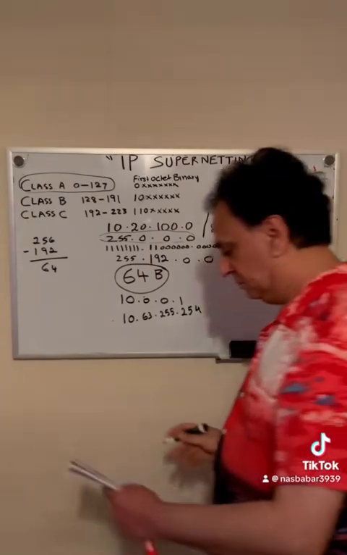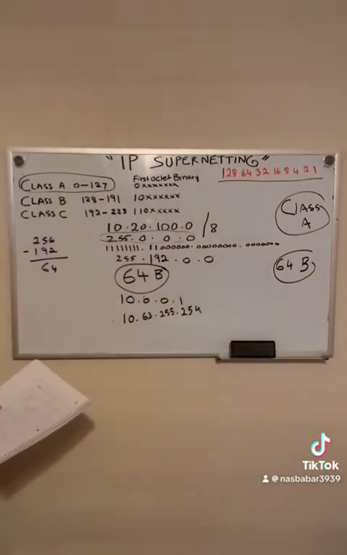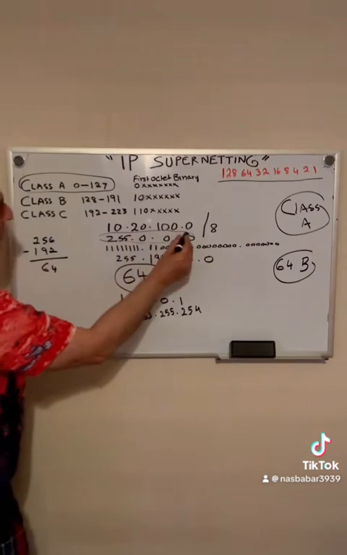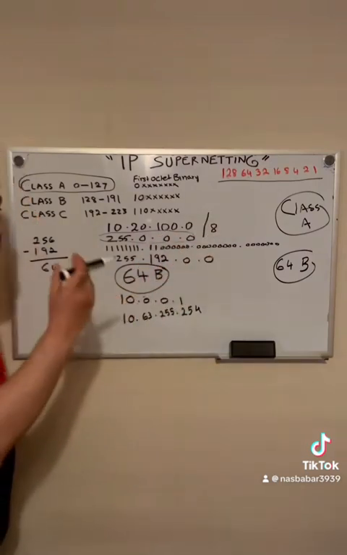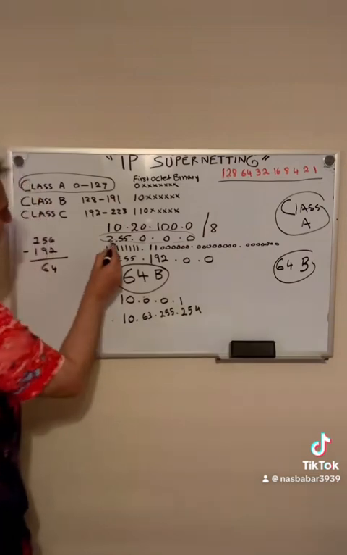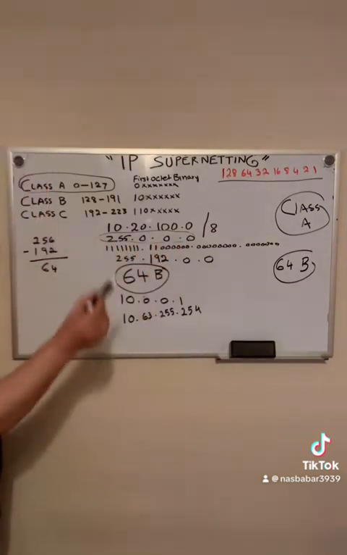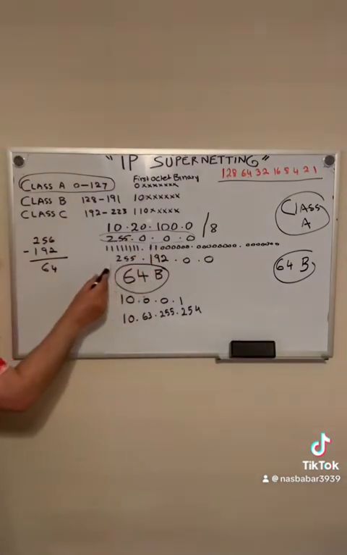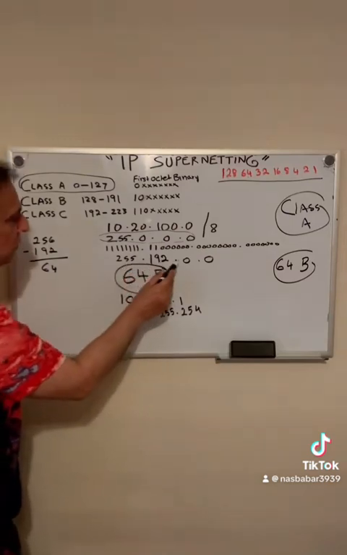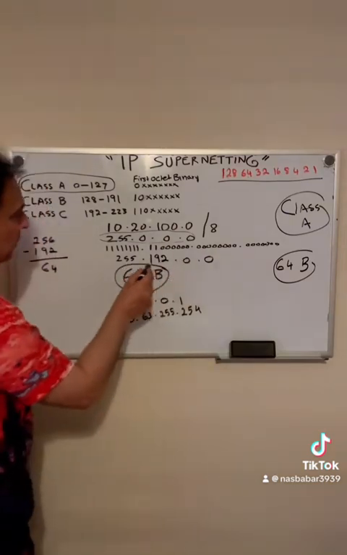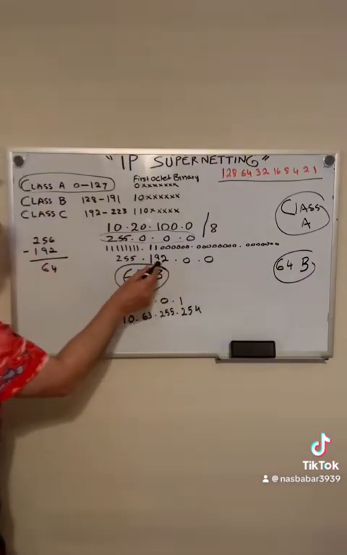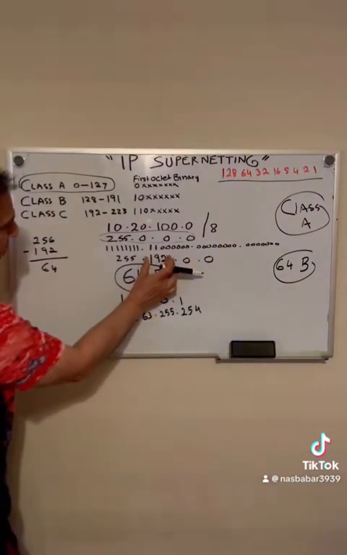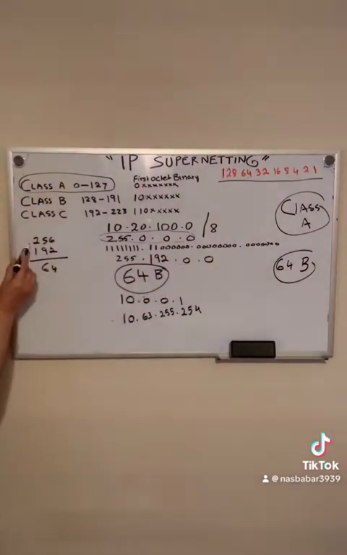So how's that? Let me just recap one more time. Class A, 10.20.100.0. The class A classful mask is 8, which is 255.0.0.0. I went into the second octet and stole 2 zeros and made them ones, which changed the mask to 255.192.0.0. Right off the bat, you subtract whatever mask you get in the octet you manipulated, in binary form, from 256.